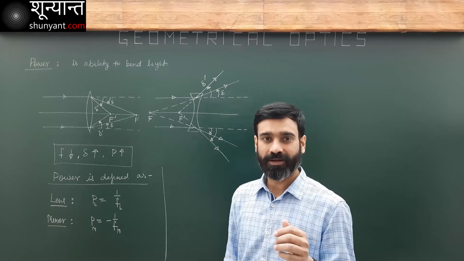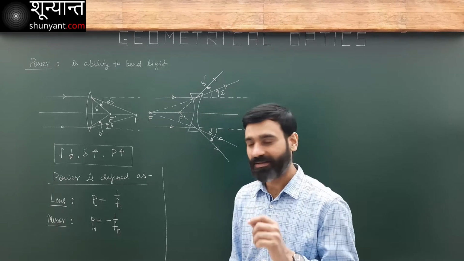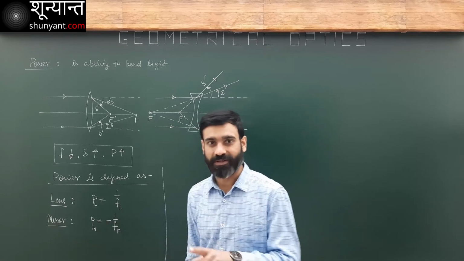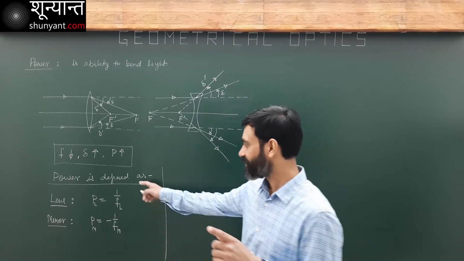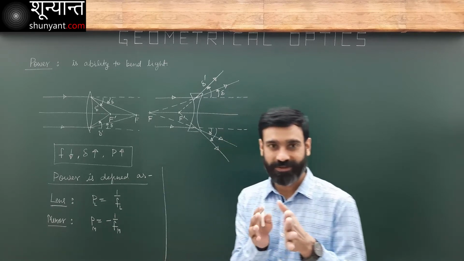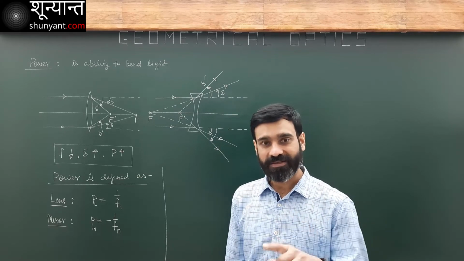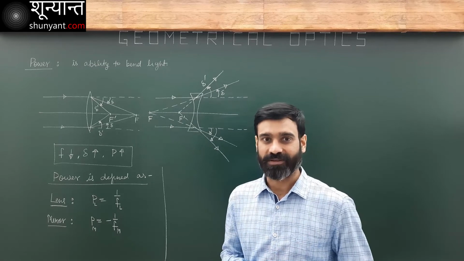What is its focal length? Focal length is negative for a concave mirror. What will be the power? Power will be positive. A concave mirror is converging. A convex lens is converging. Power for both is positive. That means the power of a converging system, whether it is a lens or mirror, is positive.